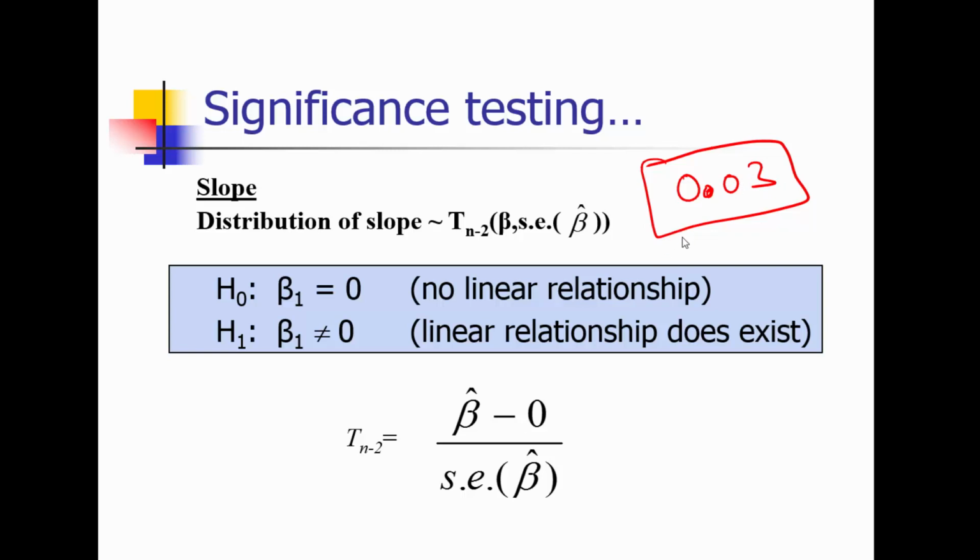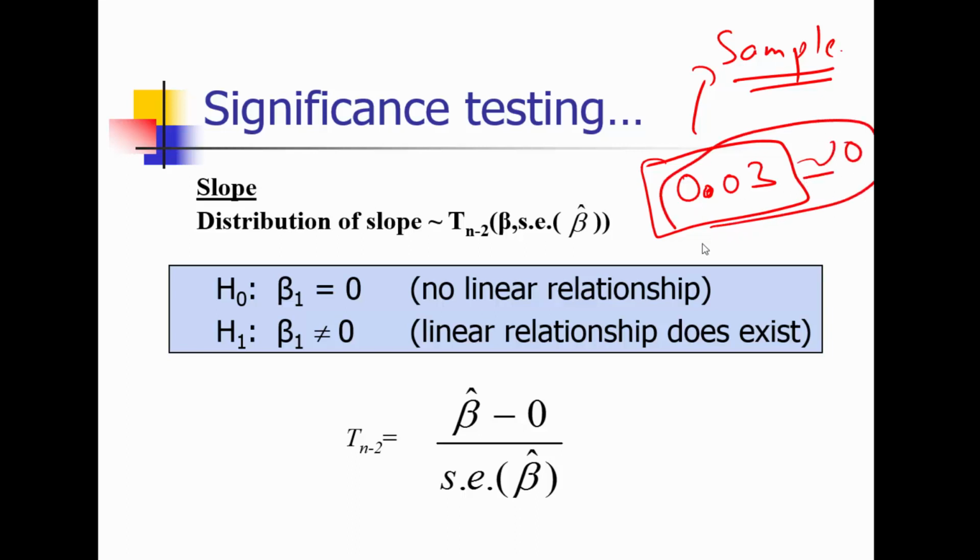But is that greater than 0 statistically? Because mind you, you are doing your analysis on sample data, but you do not quite know whether that sample is a pure representative of the population, because in the population the data could be entirely different. So having a coefficient value of 0.03 need not necessarily mean that there is a significant relationship. It could be equal to 0 and hence needs to be verified first.